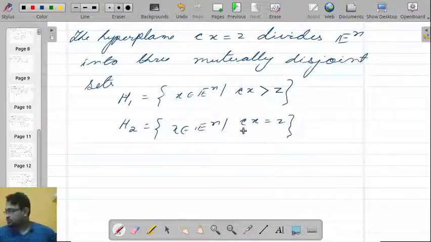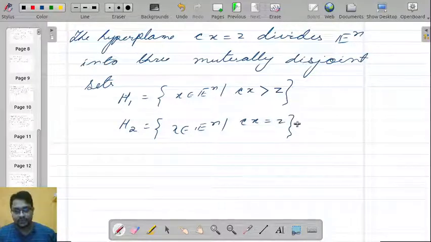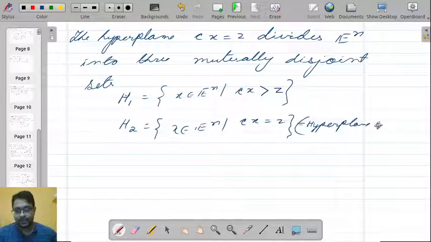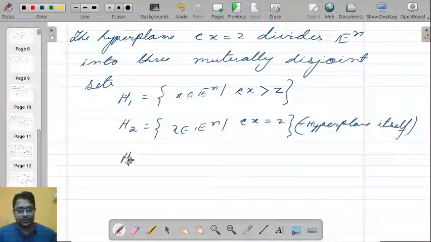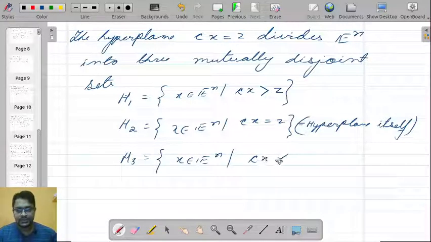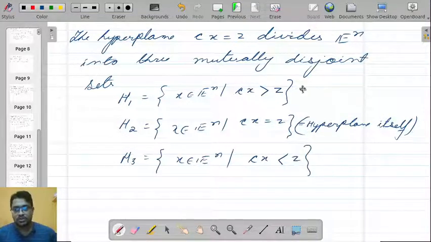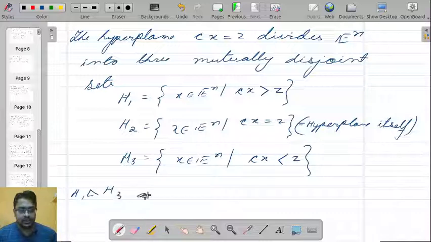This is nothing but the hyperplane itself. And H3 is the set of all those x in E to the power n which satisfy Cx is strictly less than z.